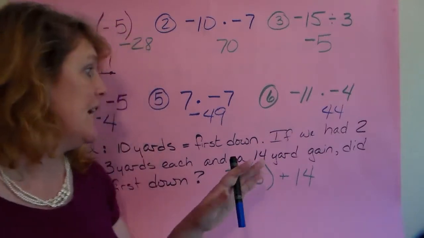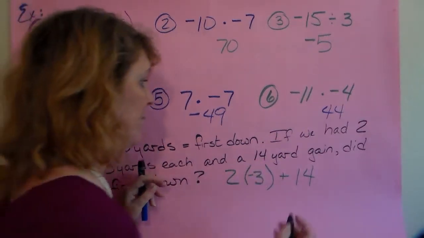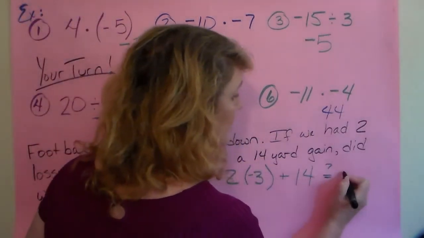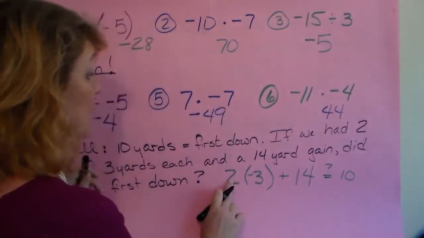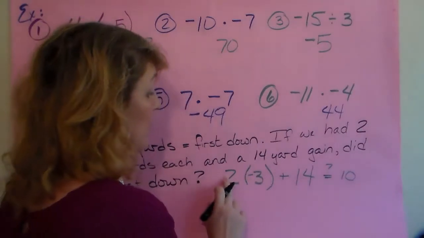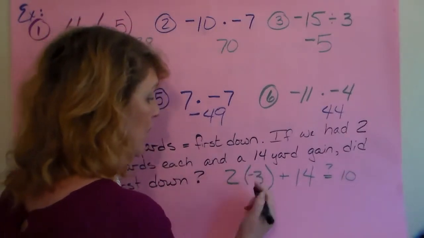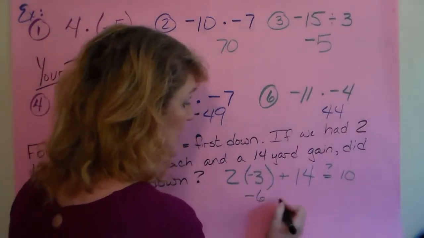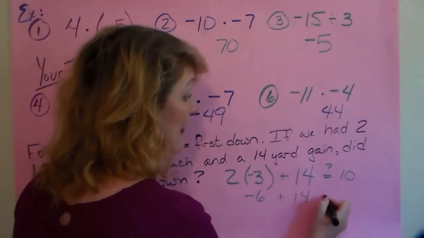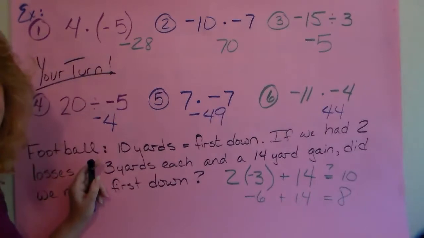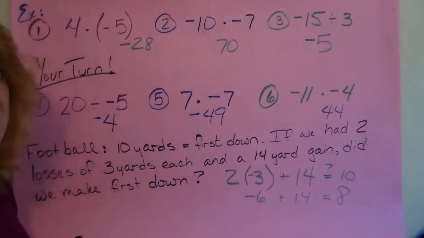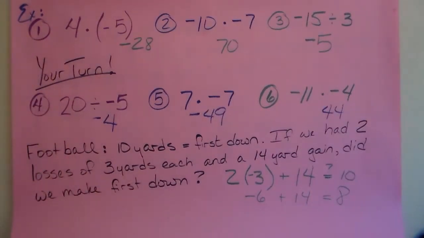And the question is, did we make our 10 yards? Did we make 10 or more? So we're going to start with the multiplication. 2 times negative 3. There's only one negative, so the answer is negative 6 plus 14. That equals 8. So no, we did not make our first down.